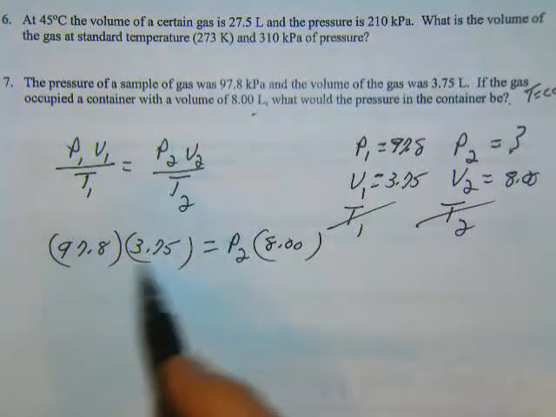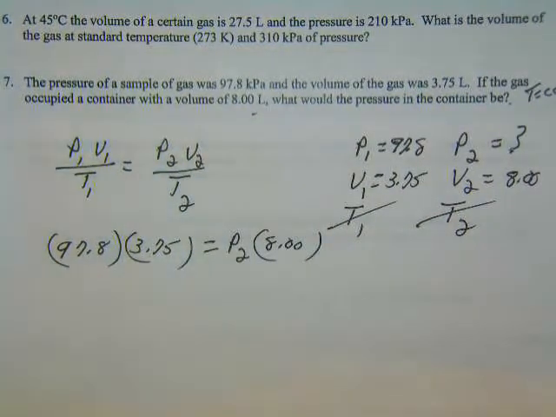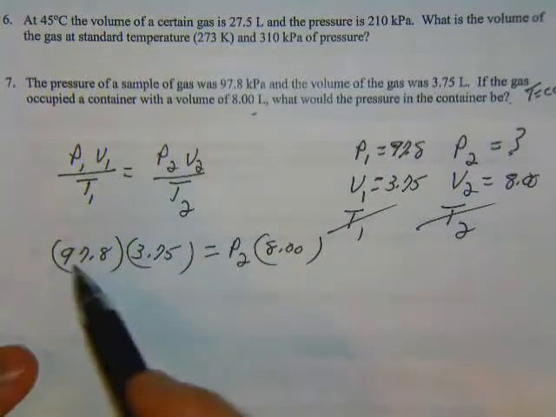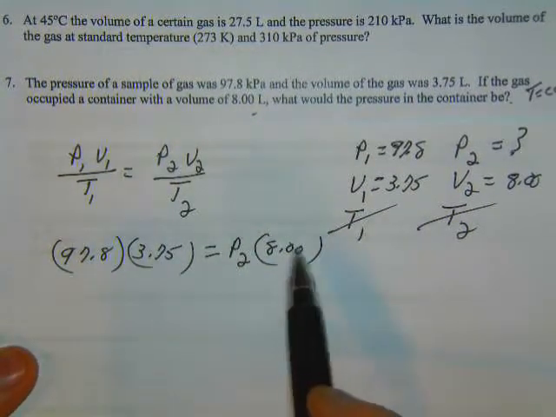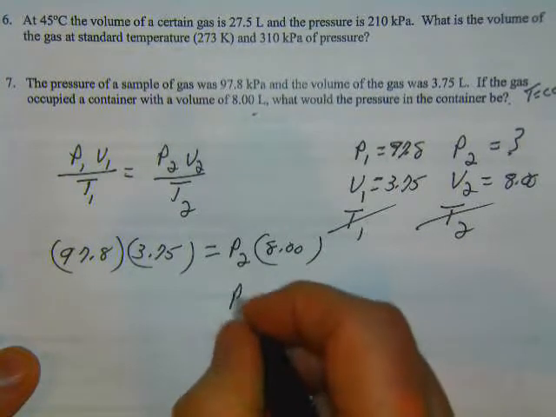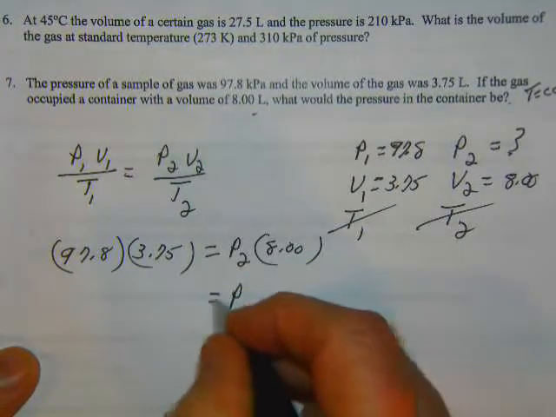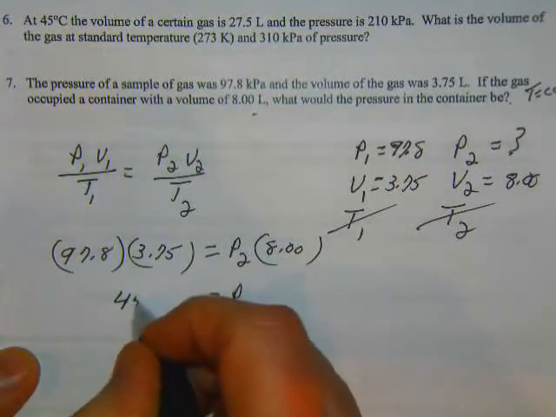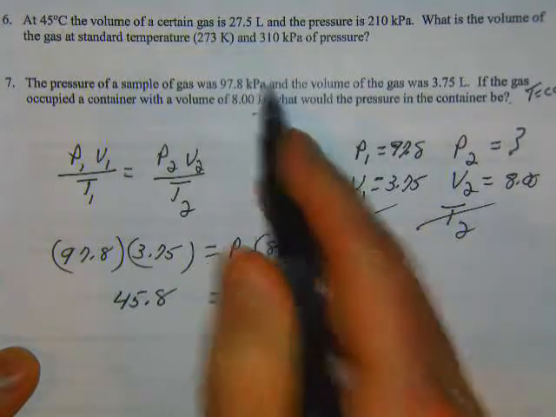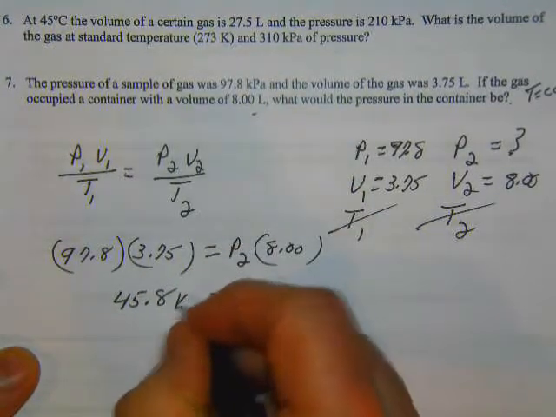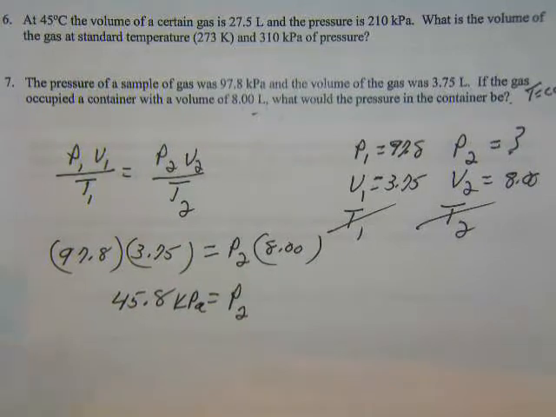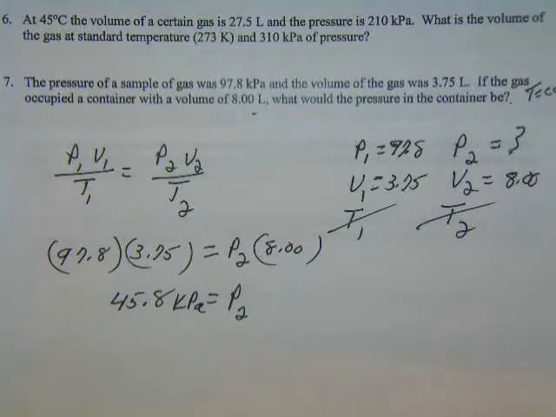Again, multiply these two, divide that by that, and let's look at sig figs. Looks like we got 3, 3, and 3. If we do the math, pressure equals 45.8, and we're working in kPa, kilopascals. So that's problem number 7.